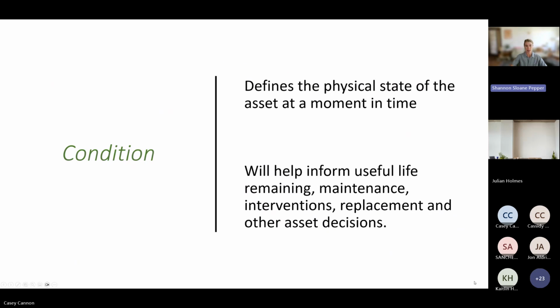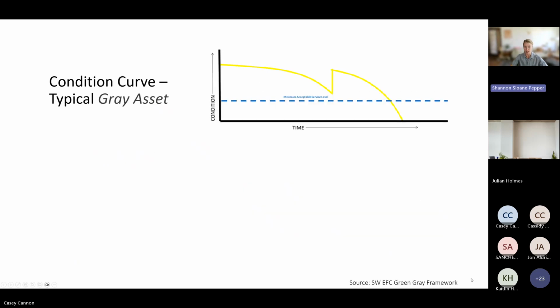Next slide. So the condition curve here is typical for a gray asset. Condition usually begins in the best condition. As you can see, the yellow line is telling us the condition of the asset. The dotted blue line is telling us the minimum acceptable level of condition for that asset in order for it to be functional. So we start out at pretty high condition and it deteriorates over time.